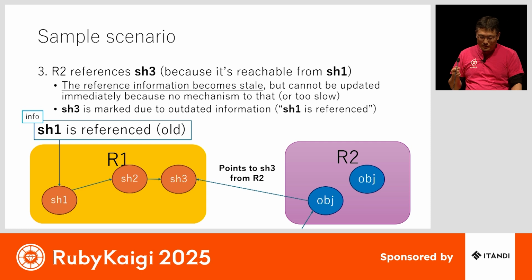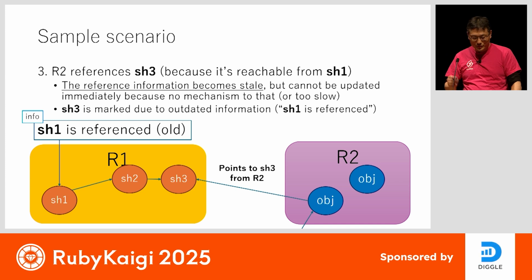For now, SH3 will be marked correctly, because SH1 is marked as referenced, and the traversing marking marks SH1, SH2, and SH3 as living objects, so there is no problem just now.